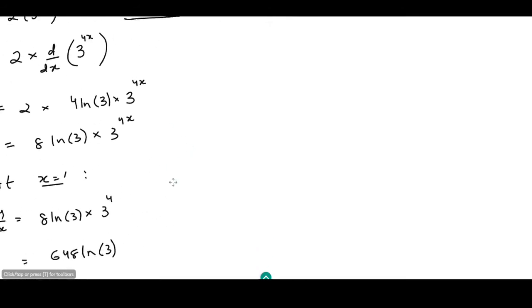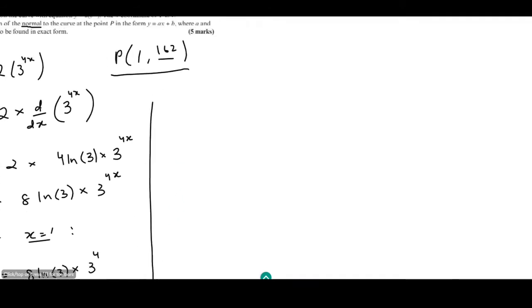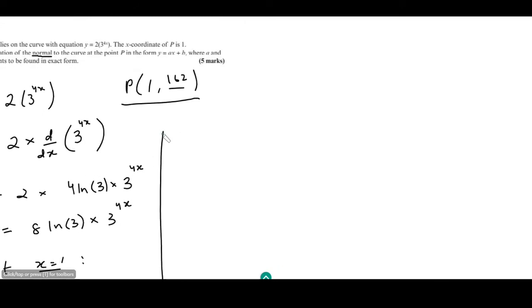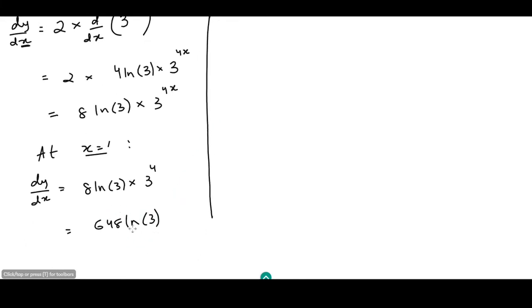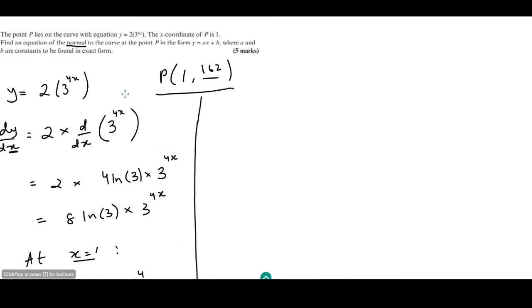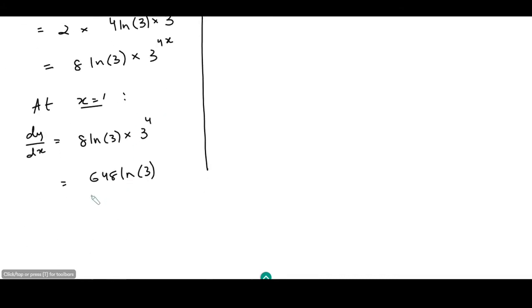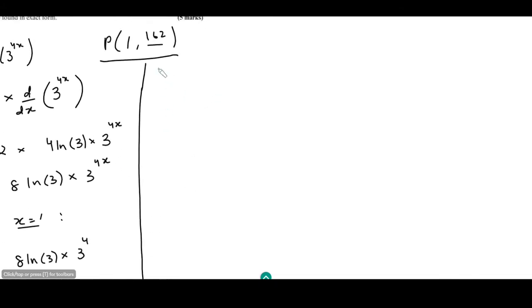Okay, and once we've found the gradient, we're almost done. The key thing here is that they want us to find the equation of the normal. So we need to take the negative reciprocal of this. If they wanted the equation of the tangent, then we could take this gradient as it is. But since it's the normal they want, we take the negative reciprocal, so minus 1 over 648 ln 3.